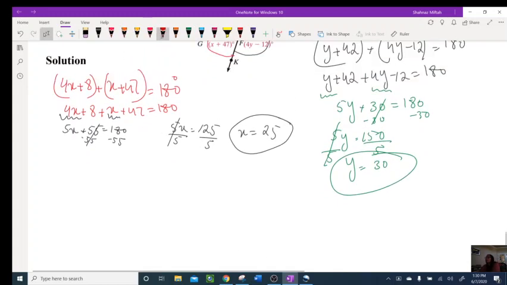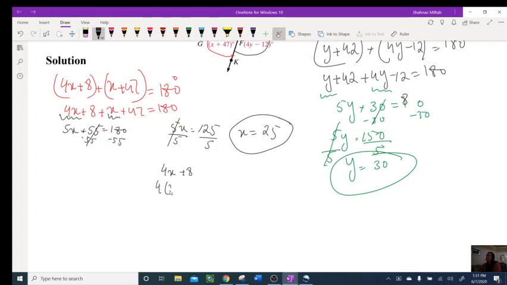Okay, red one. I have 4x plus 8, and I'm gonna plug in my x values there.